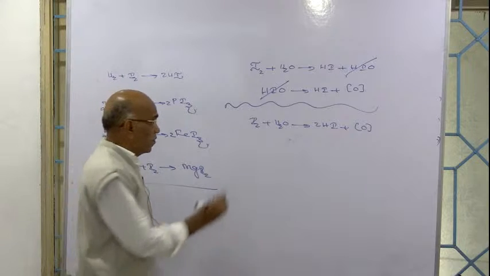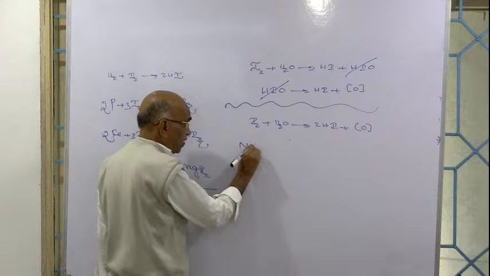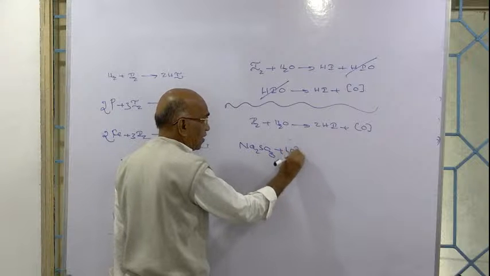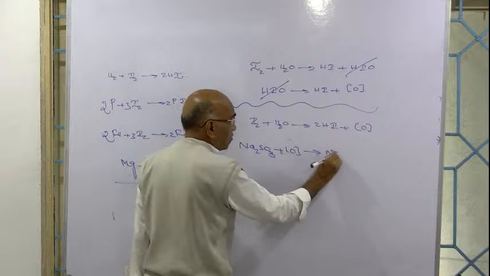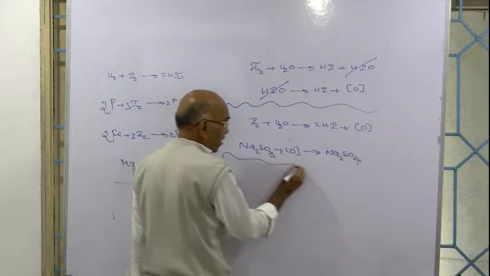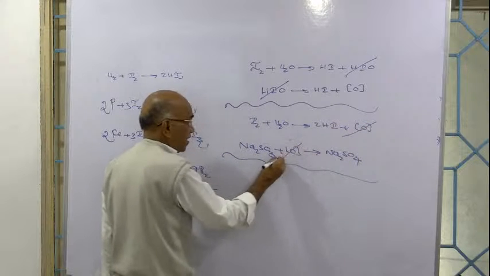Iodine is an oxidizing agent. It oxidizes sodium sulfite: sodium sulfite plus oxygen gives sodium sulfate. The unbonded oxygen cancels.